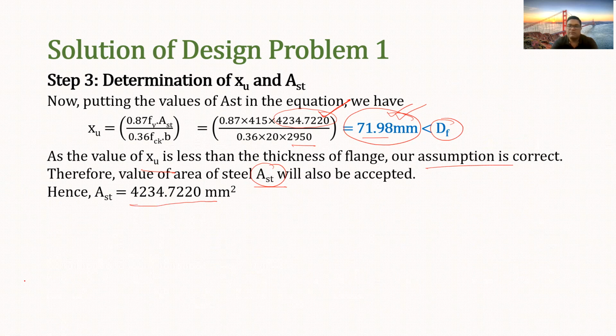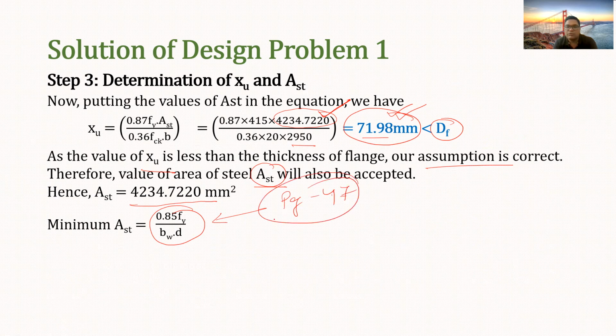Now we have to first check whether this area of steel is more than the minimum area of steel recommended by the IS code and less than the maximum recommended by the IS code. As per IS code, minimum area of steel to be provided is 0.85 times Fy by Bw into D. This relation is given on page 47 of IS code, so you can refer to this page.